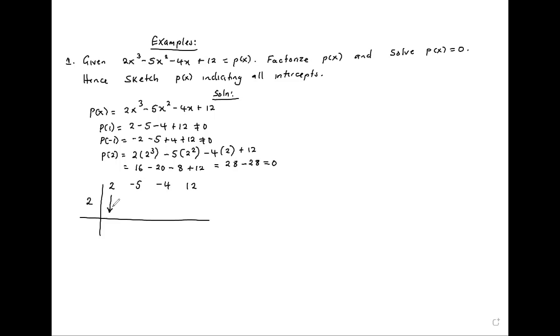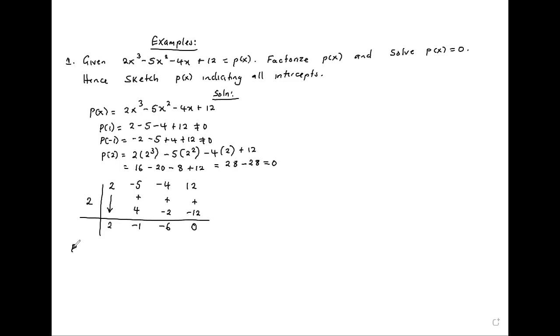Then drop this one down, multiply 2 by 2. We get 4. Add, we get negative 1. 2 by negative 1, we get negative 2. Add, we get negative 6. Get negative 12. Add, we get 0.